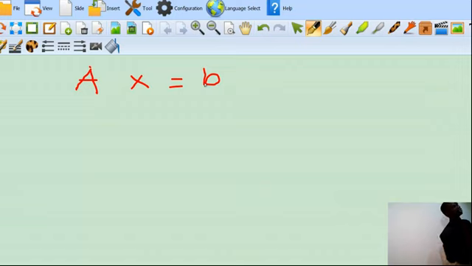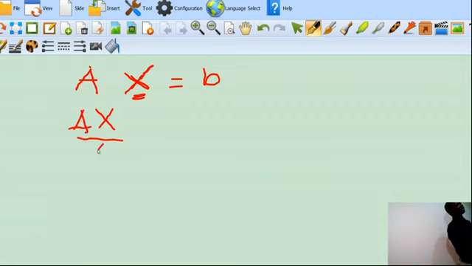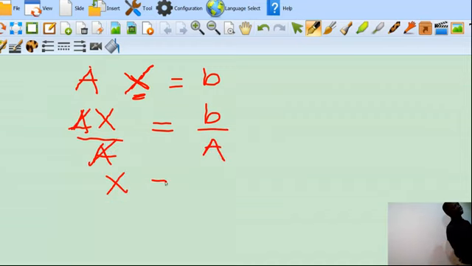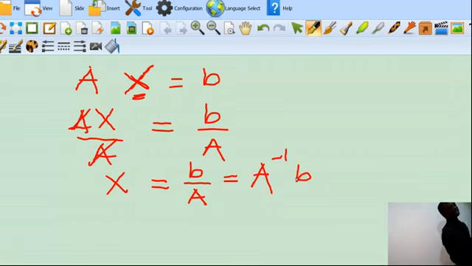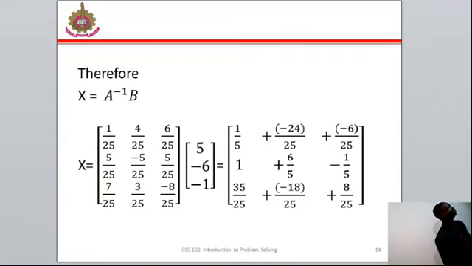Now, if you want to make X the subject of the formula, where X represents our unknowns, it means that you divide both sides by A. When you divide both sides by A, you have B over A, and from here you can obtain your X. It means that your X is equal to B over A. In other words, you can say your X is equal to A inverse times B. That's the reason why we have to obtain our A inverse. So that was how we obtained the formula for X.